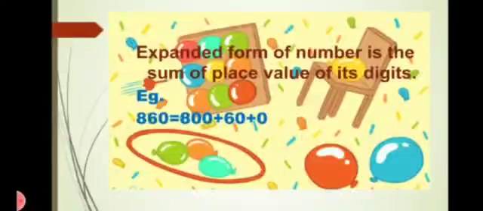And what's the place value of 8? That is 800. Now how many tens are there? 6 tens are there. So the place value of 6 is 60. And how many ones are there? 0 ones are there. So the place value of 0 is 0. So the expanded form is 800 plus 60 plus 0.